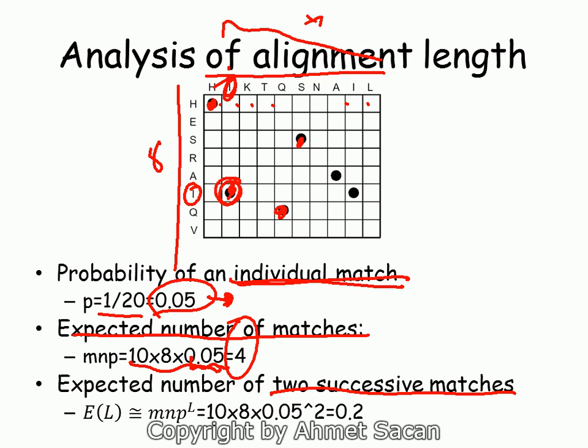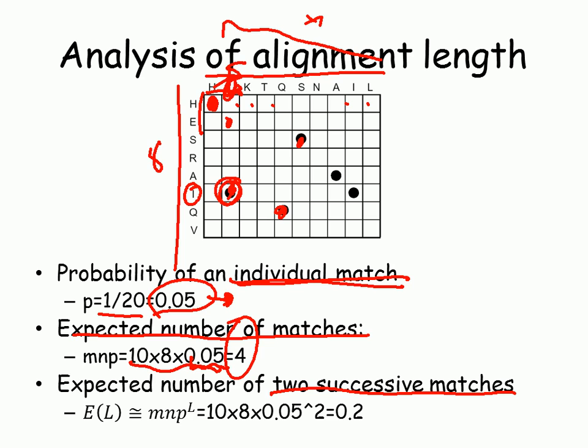So if one of them is here, the other one should be here. So if this were an E, you would have HE, HE. So 2 identical dots would mean 2 successive identical residues. Okay? So we are looking for events that include these 2 diagonals.